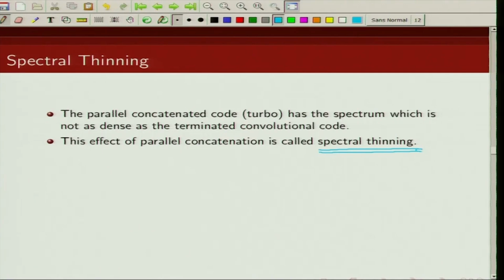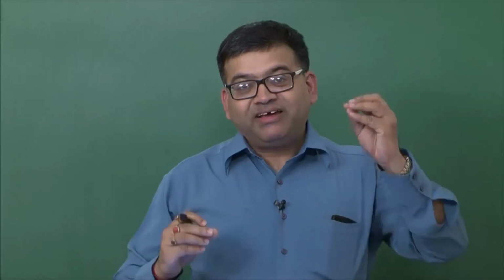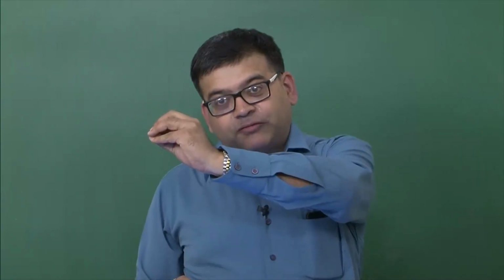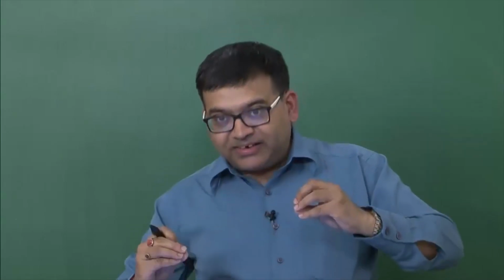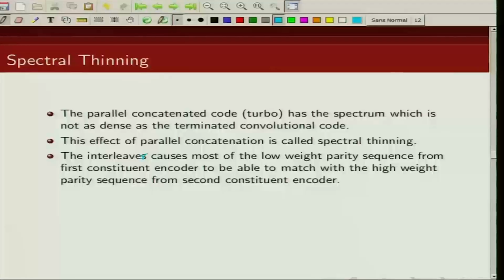The interleaver causes most of the low weight parity sequences from the first encoder to be matched to high weight parity sequences from the second encoder. So the idea in designing the interleaver is that if the parity sequence coming out of the first encoder has small weight, then the interleaved sequence entering the second encoder should produce a larger weight sequence, so that the overall code weight is good.